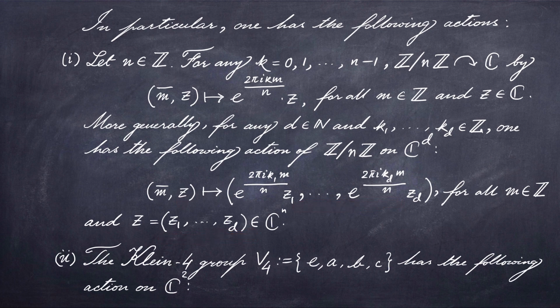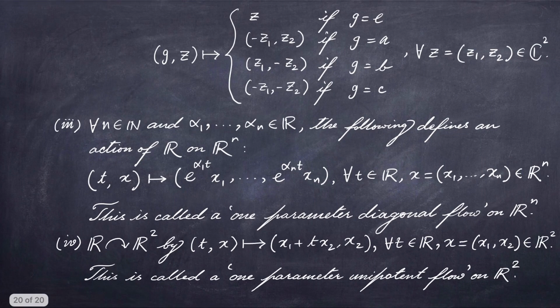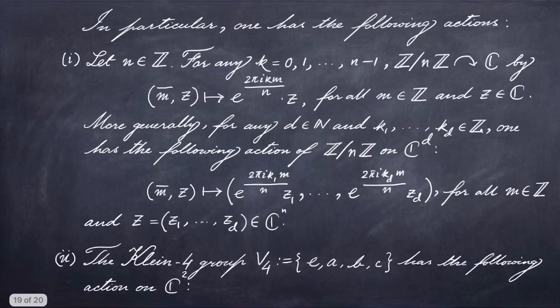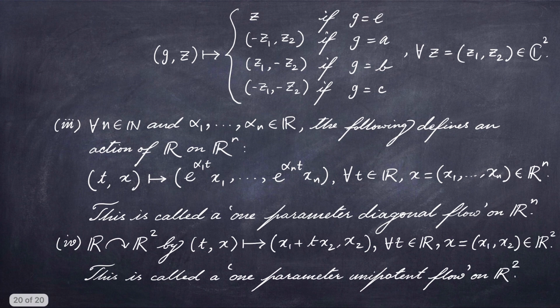Now we talk about the following action of the Klein 4 group V4. The Klein 4 group has the following action on C2. So how to look at this action? That's very simple. From the Klein 4 group we do have the following homomorphism into GL2(C).